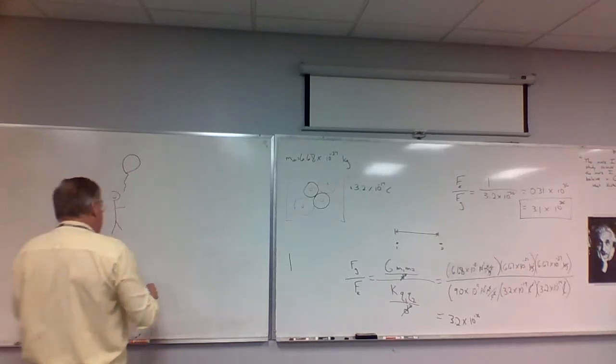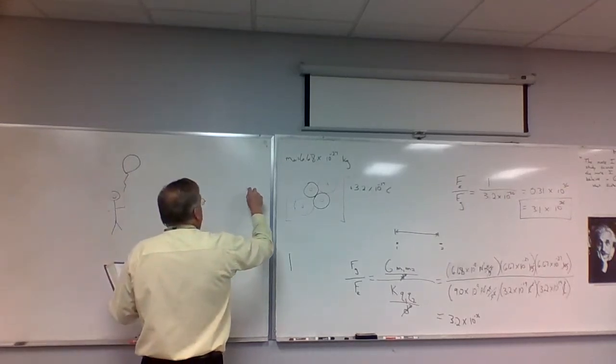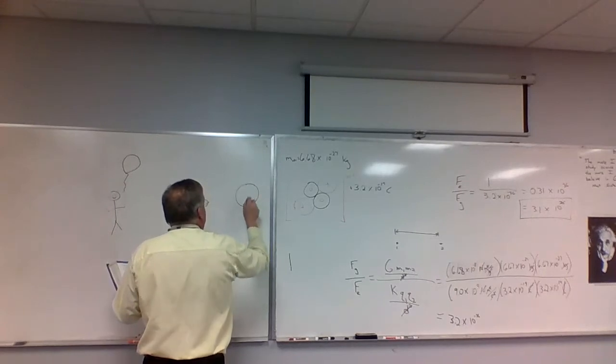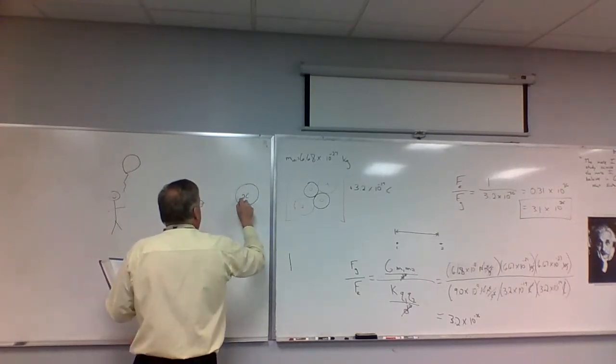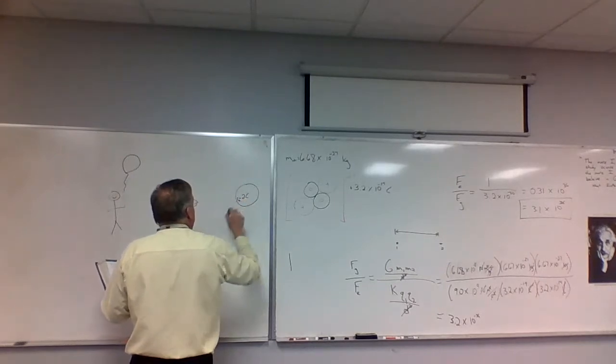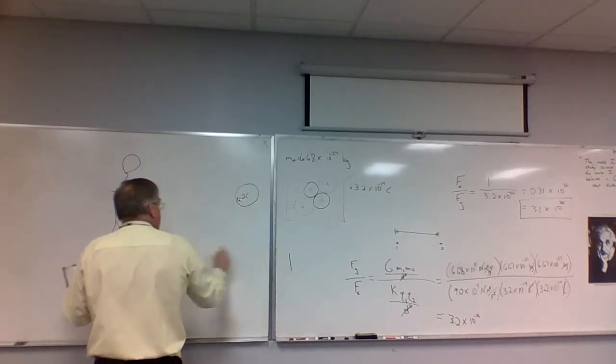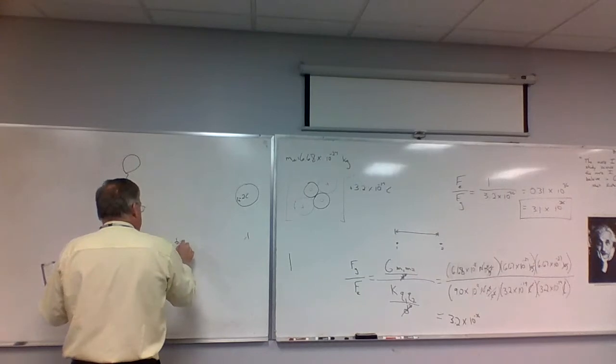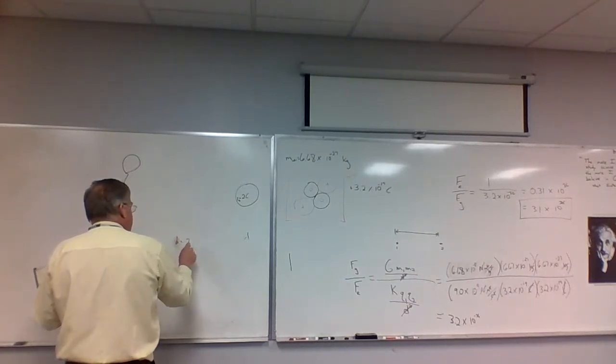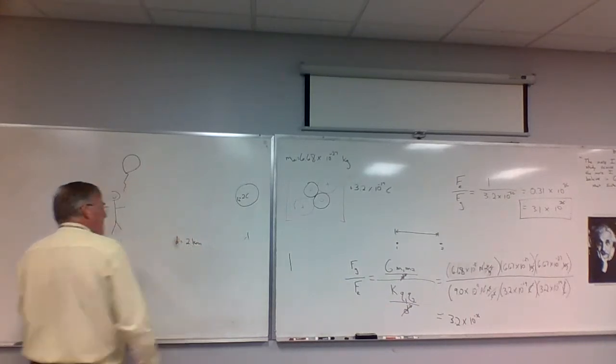And now over here, 2 kilometers away, hopefully on a high tower, it has 2 coulombs of charge. So this is Q2 is equal to 2 coulombs. D is equal to 2 kilometers.